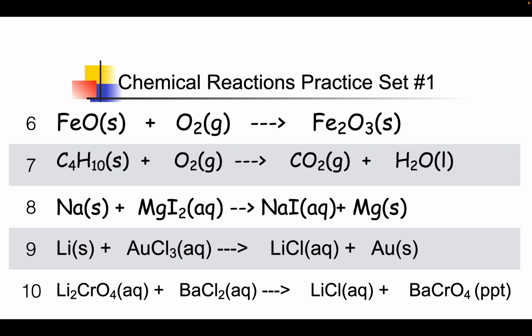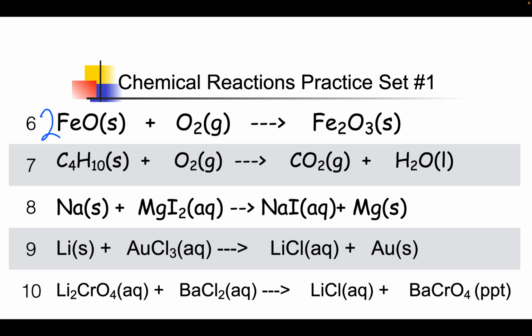All right. Looking at number 6. FeO plus O2 goes to Fe2O3. So again, looking at the arrow here, we just make sure everything on the left and the right is equal. If I have 1 Fe on the left, but I got 2 on the right, I need to make that 2 on the left also.